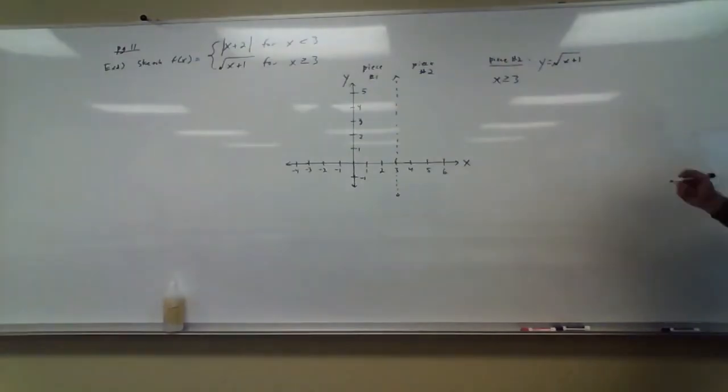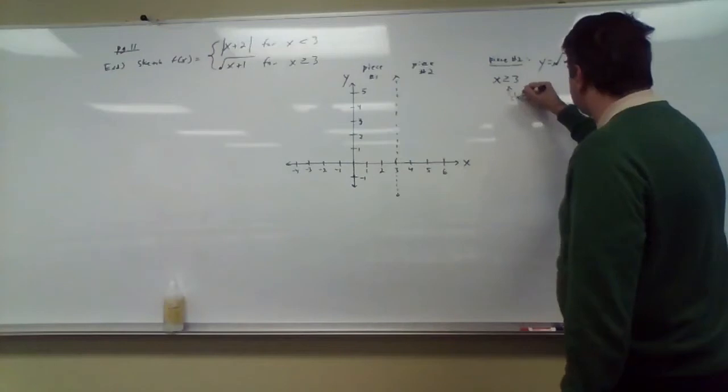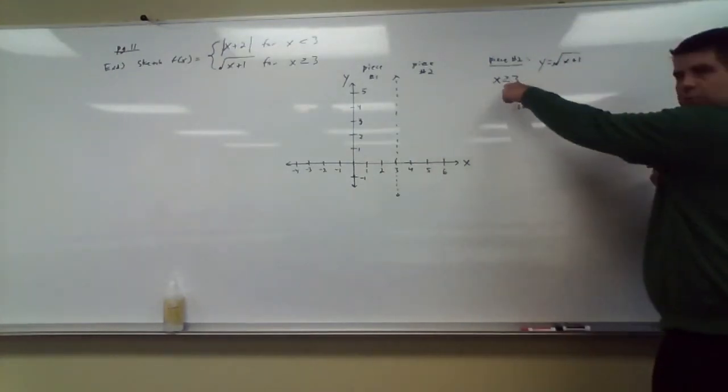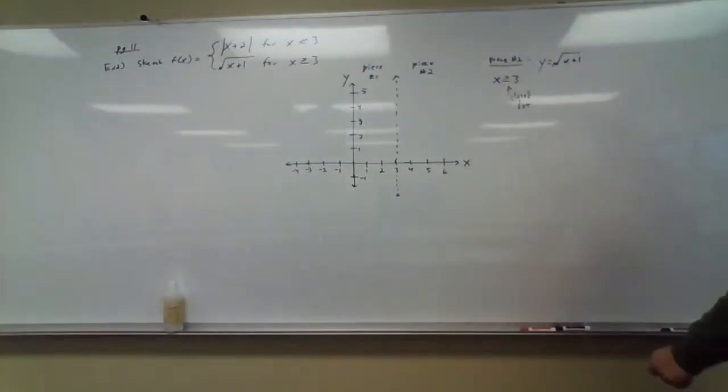So there will be an endpoint, and that's going to be a closed dot because of the "or equal to." If it was a strict inequality sign, it'd be an open dot. You'll see that next.